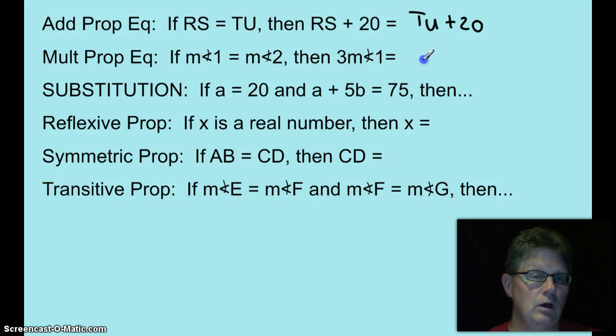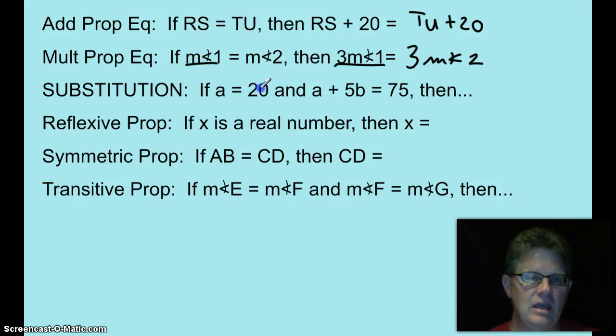If the measure of angle 1 equals the measure of angle 2, then 3 times the measure of angle 1. On the left side it was the measure of angle 1, now it's 3 times the measure of angle 1. What did you do? You multiplied the left side times 3. You better multiply the right side times 3: 3 times the measure of angle 2.